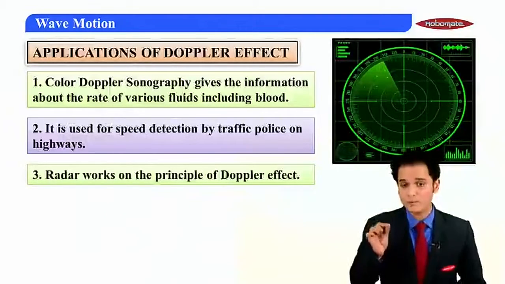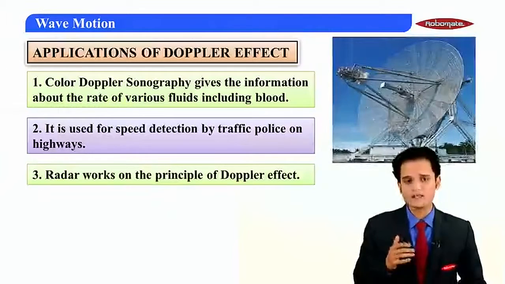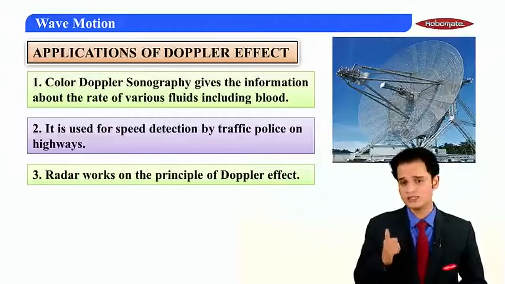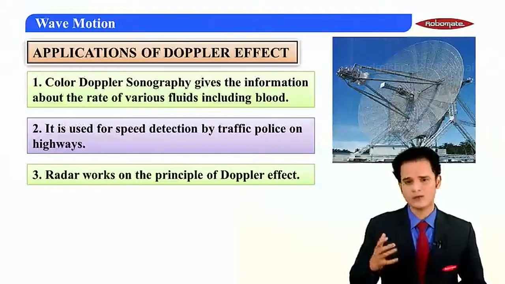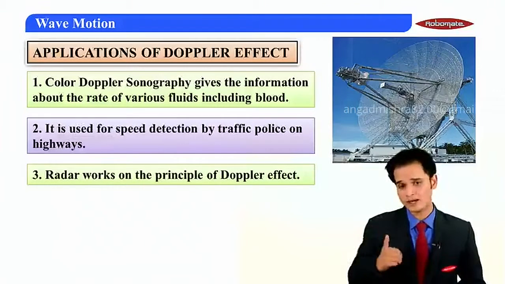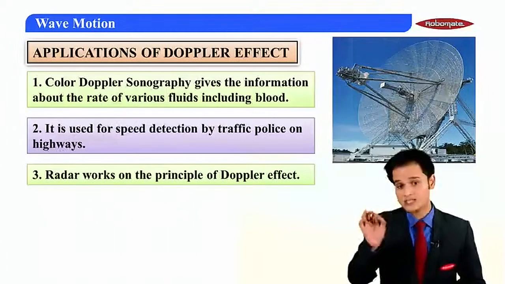Radar works on the principle of Doppler effect. How does it work? What happens is, in a radar, electromagnetic waves are continuously sent. Now suppose these electromagnetic waves hit an object, for example an approaching plane. So these waves are reflected back. There is once again a path difference because of the shape of the plane.